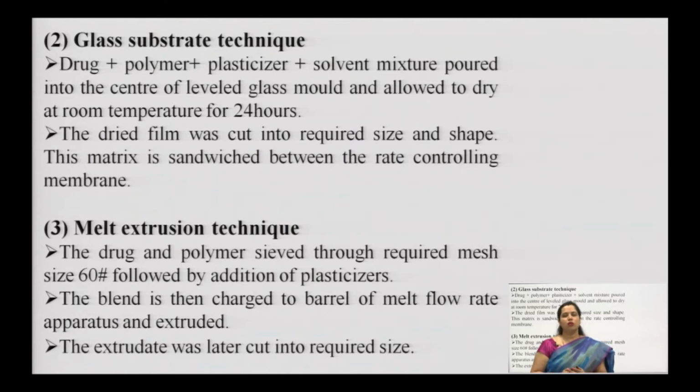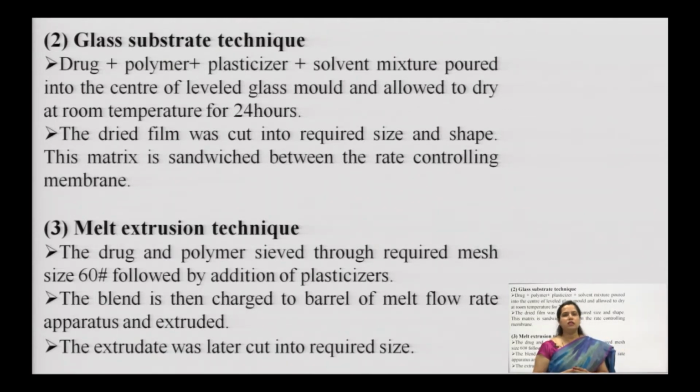The third method is the melt extrusion technique, in which the drug and polymer are sieved through the required mesh size, here mentioned as 60 mesh, followed by the addition of plasticizers. Plasticizers provide flexibility to the dosage form, which is why we add plasticizers with drug and polymer.